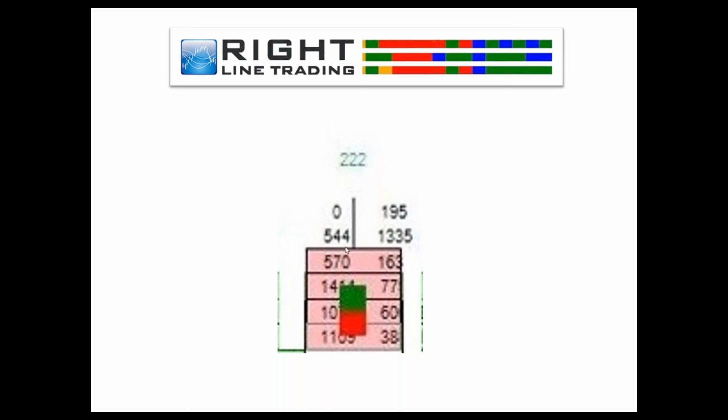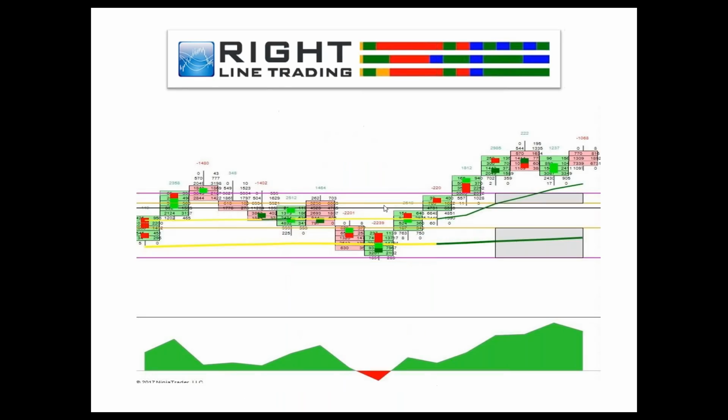And when you have aggressive sellers, even though the delta can be positive, the candle can close to the downside. Now, there's a way of looking for aggressive buyers and sellers, but I'm telling you, it doesn't have much predictive ability. If you look at this chart, you'll see that in general, a positive delta leads to an up candle, and in general, a negative delta leads to a down candle.